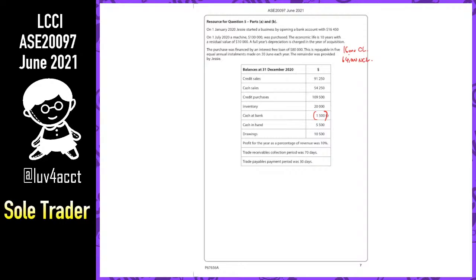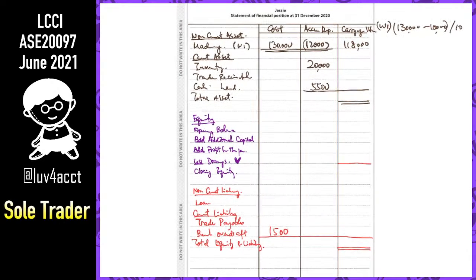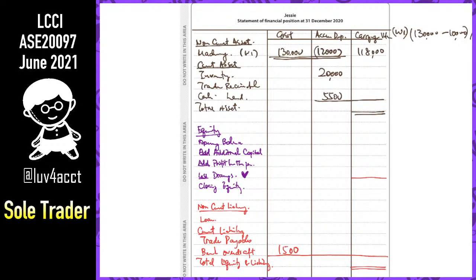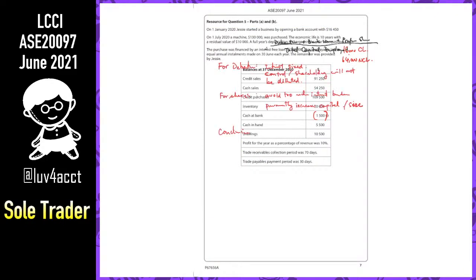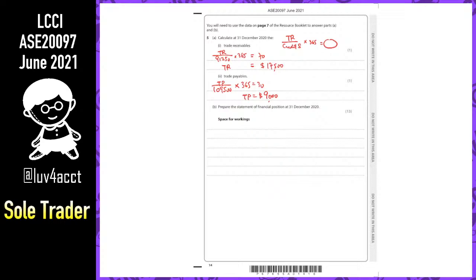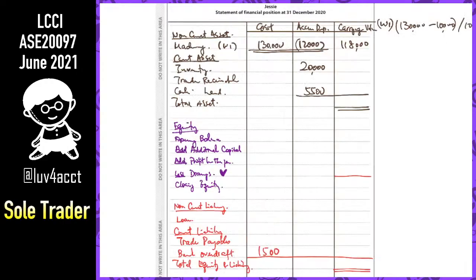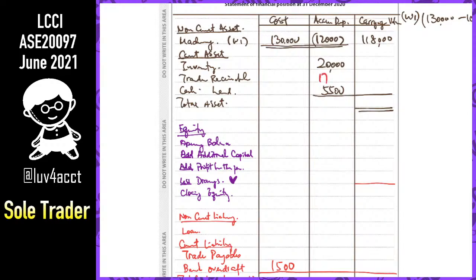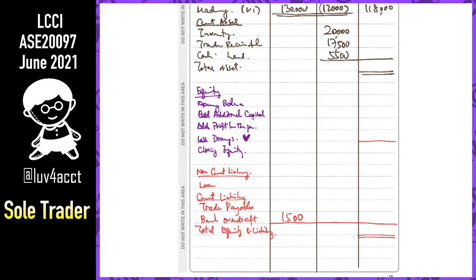Trade receivables, we have calculated. Where is it? Here. 17,500, and then 9,000 for this. 17,500, and then trade payables.